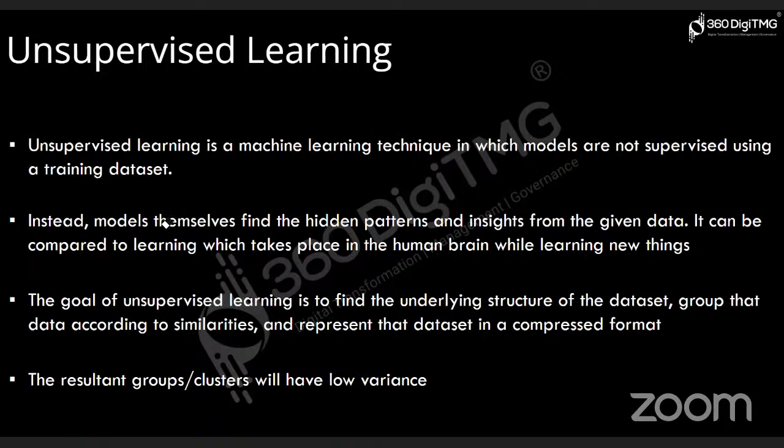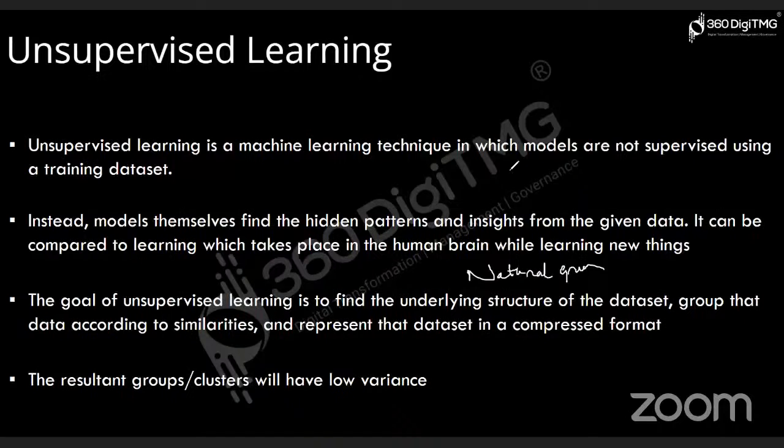Now the goal of unsupervised learning is to find the underlying structure of the data set, the hidden or natural groups in the data set. It tries to find them and group that data according to similarities and represent that data set in a compressed format.